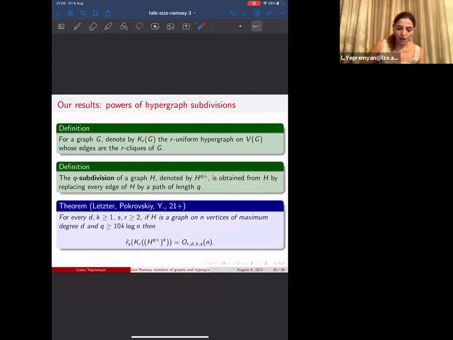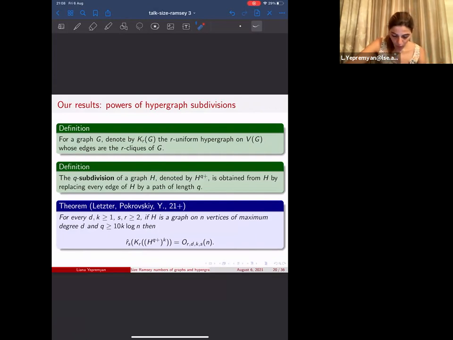Finally, I should mention our results on powers of hypergraph subdivisions. I defined q-subdivisions of graphs: it is obtained from H by replacing every edge of H by a path of length q.